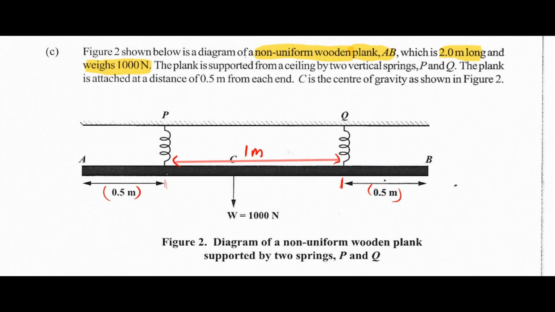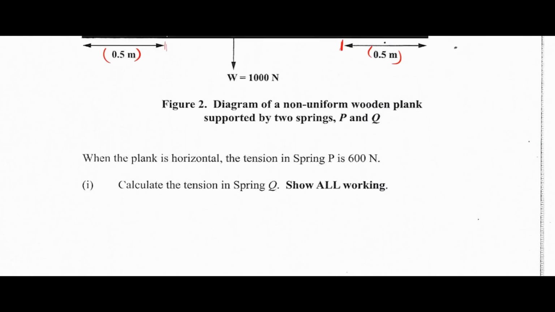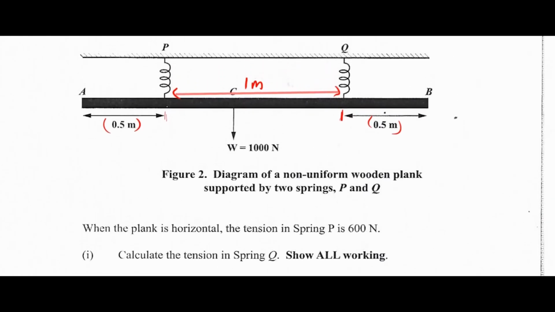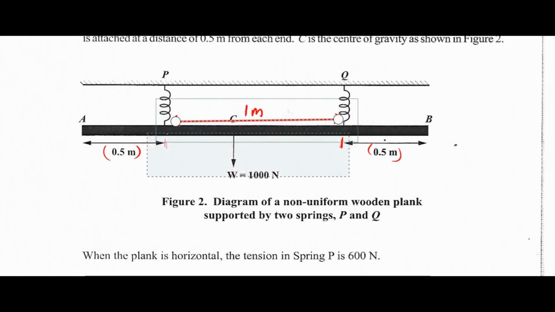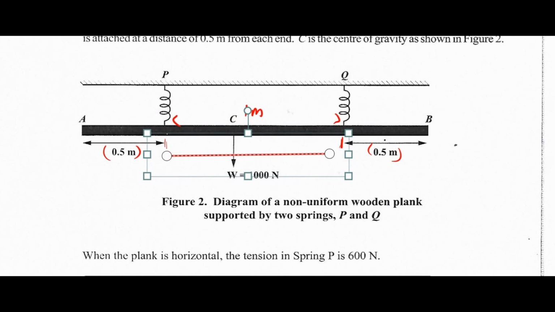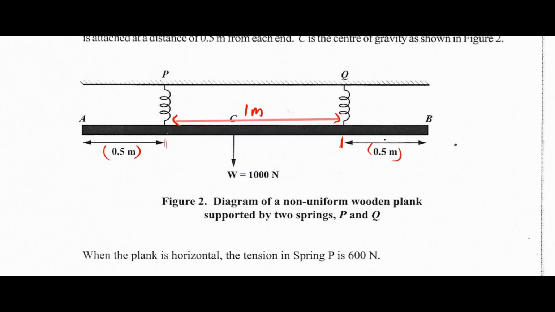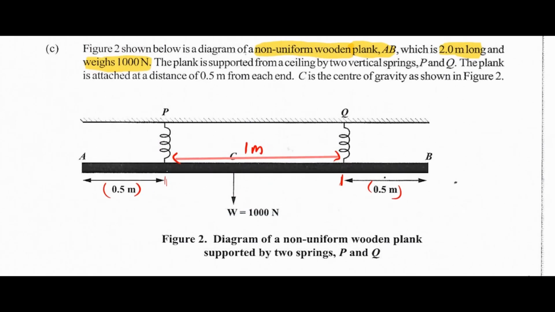So anyway, let's go down here and see what they're telling us. When the plank is horizontal, the tension in the spring is 600 newtons. So spring P, it's 600 newtons. So I can just put that right here so I don't get mixed up. The question wants you to calculate the tension in spring Q.